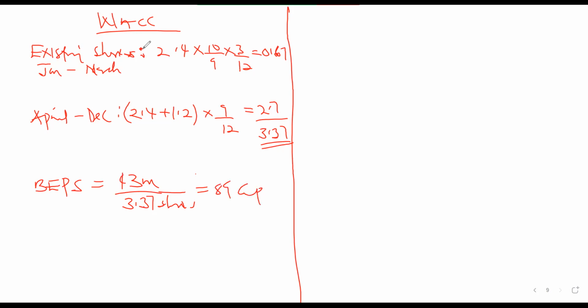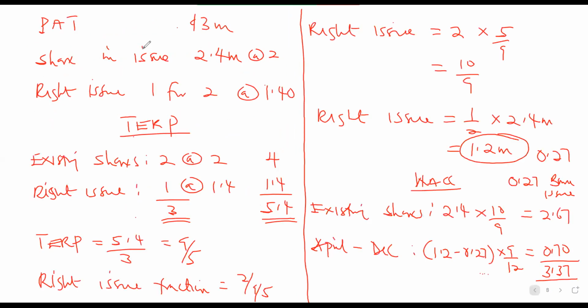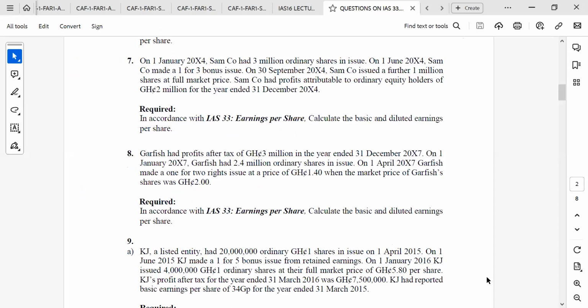Is that correct? Yes, sir. 3 million is the earnings for the year. Profit after tax is 3 million. It's given in the question. Garfish had profit after tax of 3 million in the year ended 31 December 2007.